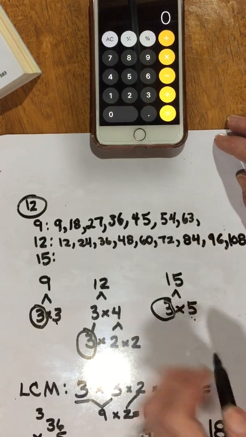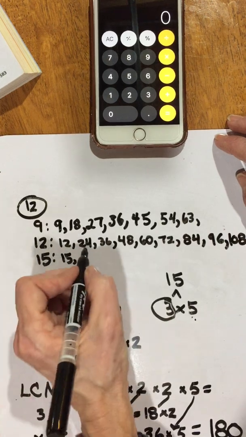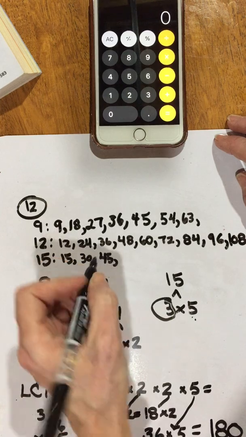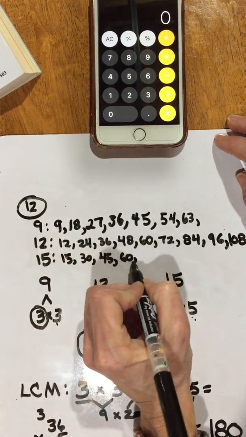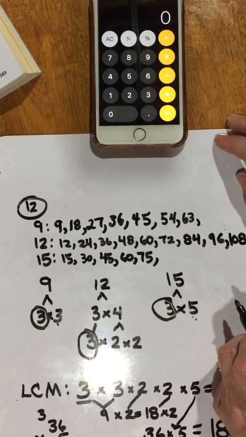That's as far as I can fit right now. 15. Well, we've got 15 times 1 is 15, 30, 45, 60, 75. Do we have anything in common yet?